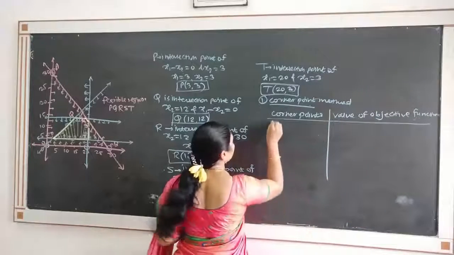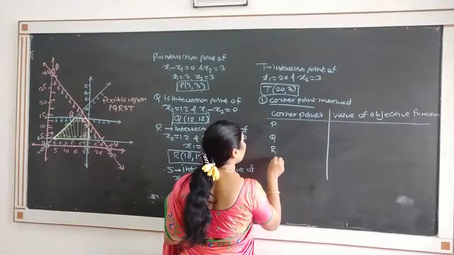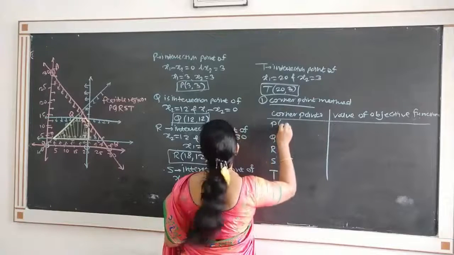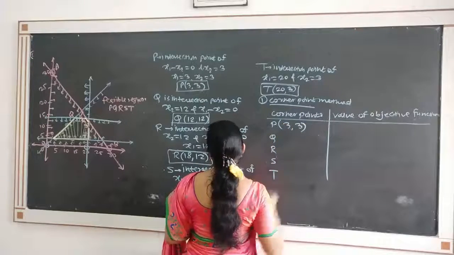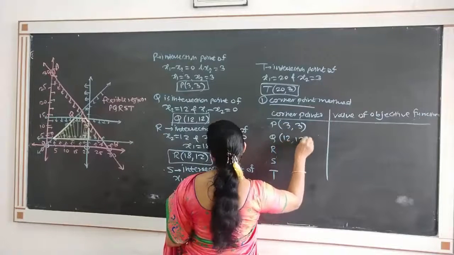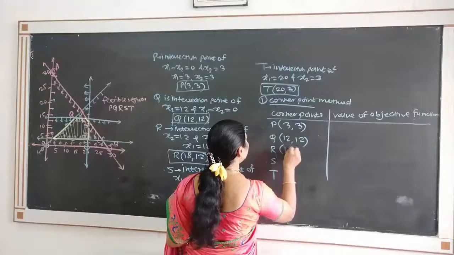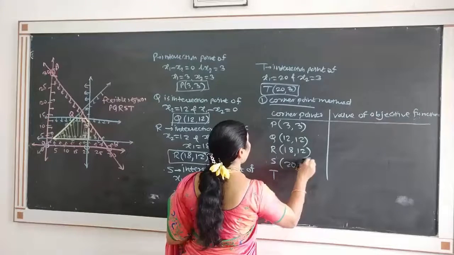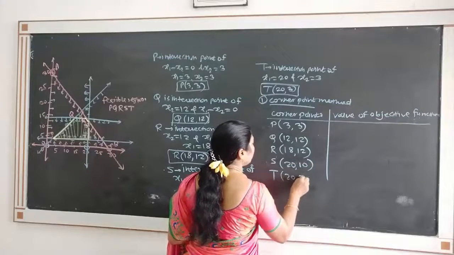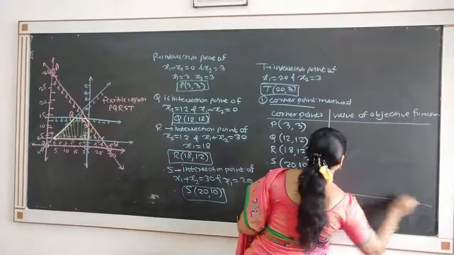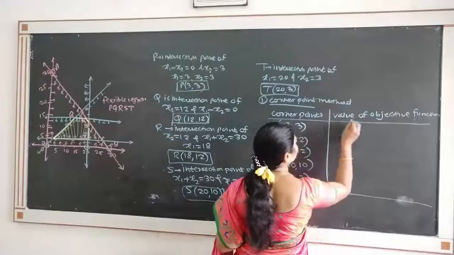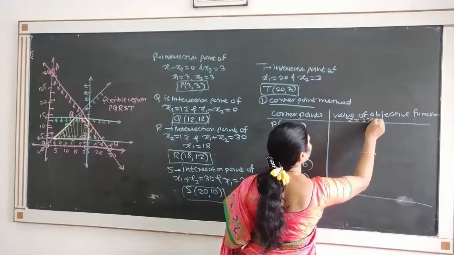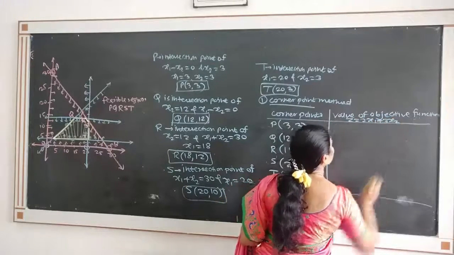Corner points P, Q, R, S, T. P point comes to be 3, 3, Q 12, 12, R 18, 12, S 20, 10 and T 20, 3. The objective function is Z equal to 2x1 plus 3x2.